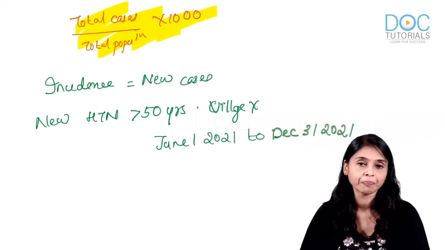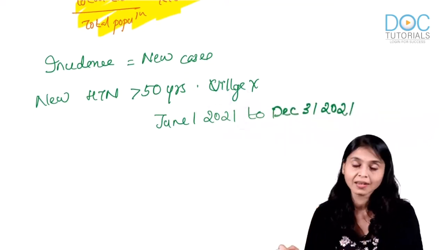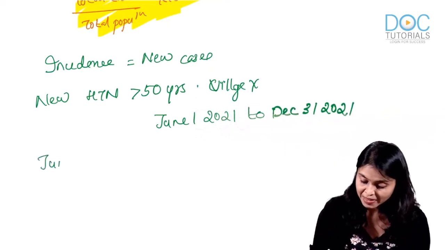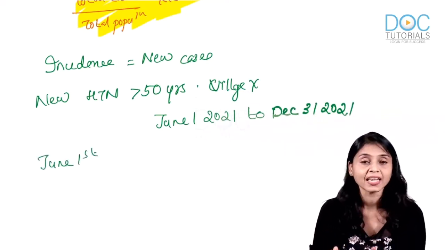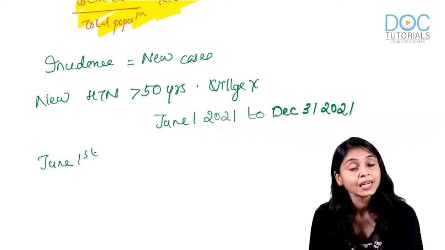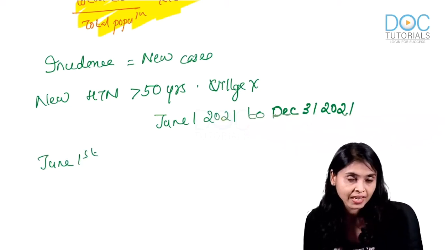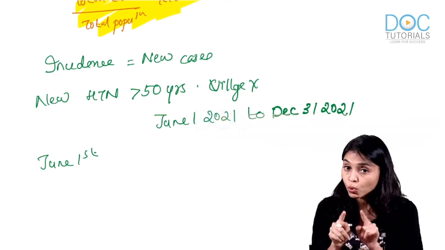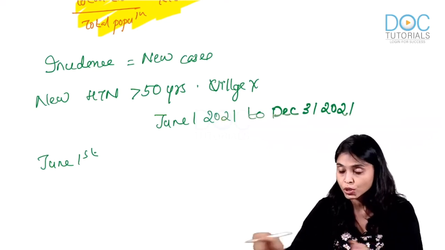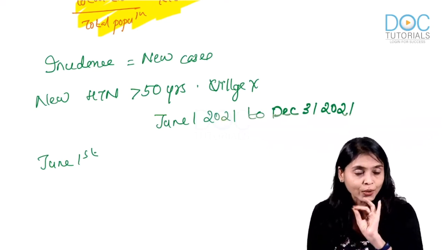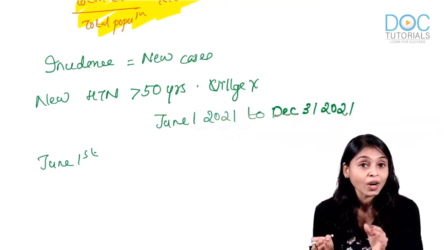So how can I do that? First, I'll go to that village X and I'll start my study on June 1st. I'll see how many are there in that population who are more than 50 years. I only want the number of new cases which are going to develop in that age group, so I don't want those who are already hypertensive.